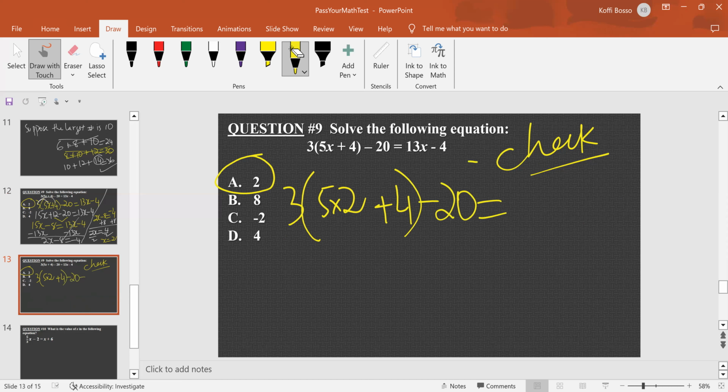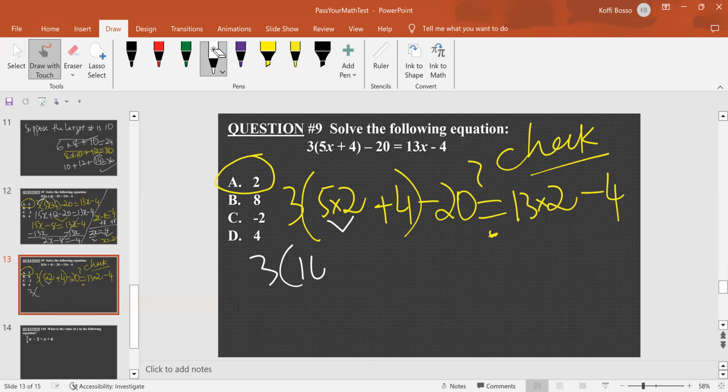We want to check if this is the same as 13 multiplied by 2 minus 4. Inside the bracket, 5 times 2 is 10, plus 4, minus 20. We want to check if this is equal to 26 minus 4, because 13 times 2 is 26.